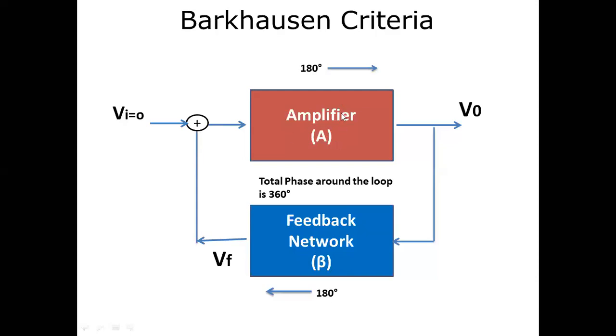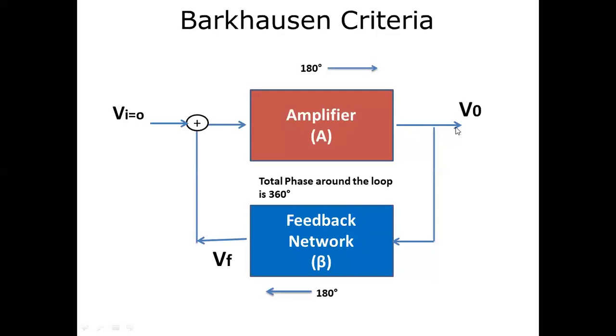There are only two components, the amplifier and the feedback network. The amplifier circuit having gain A produces a 180-degree phase shift, and we need 360 degrees, so another 180-degree phase shift will be provided by the feedback network.